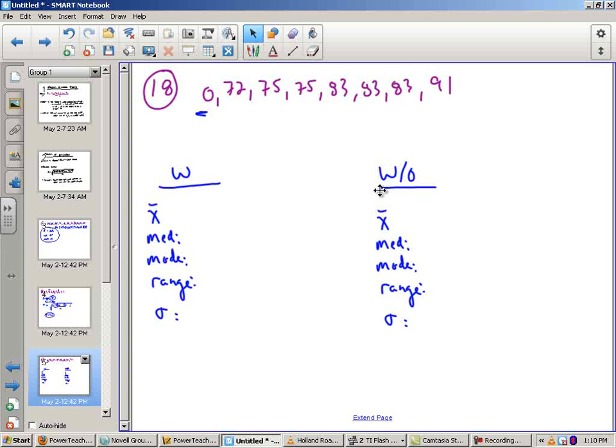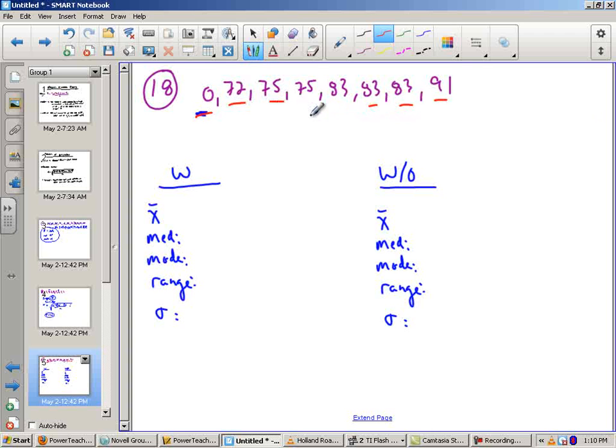So I'm going to do it with and I'm going to do it without. I'm going to use my calculator for both of these. Actually, first thing I'll do is calculate the ones that are a little bit easier. These look like they're already in order. So if I'm going to calculate the median, I come inward: there's 1 and 1, 2 and 2, 3, 3, and now I'm in the middle of these two.